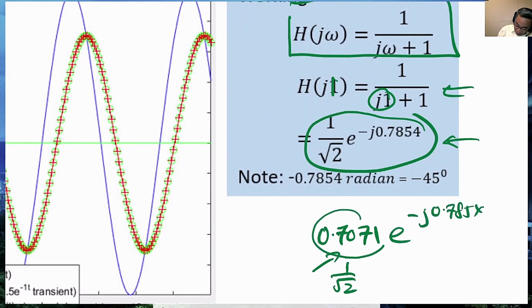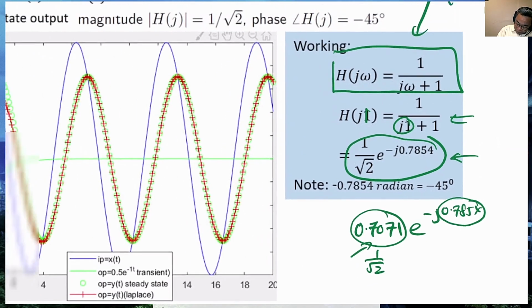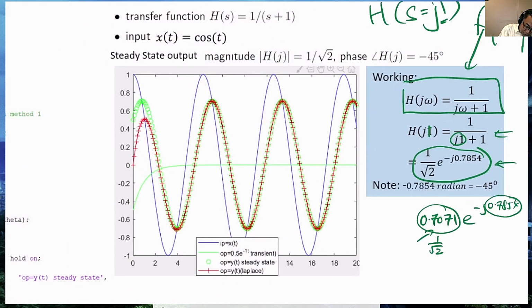So we have a magnitude and a phase. And what do the magnitude and phase do? They say my original cosine, which has amplitude 1, will now change its amplitude to become 0.7071. Originally, my cosine has a phase shift of 0, so the peak is there, but now the peak is here.